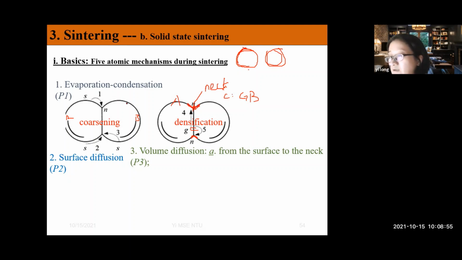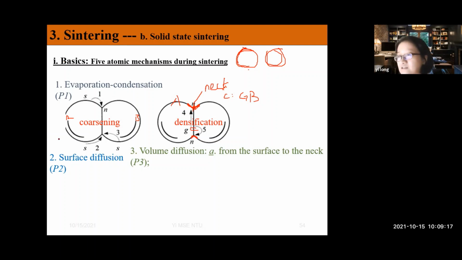This is the neck area. The neck area is B, which is a concave. Very good. So actually all the atoms will move to the neck area.